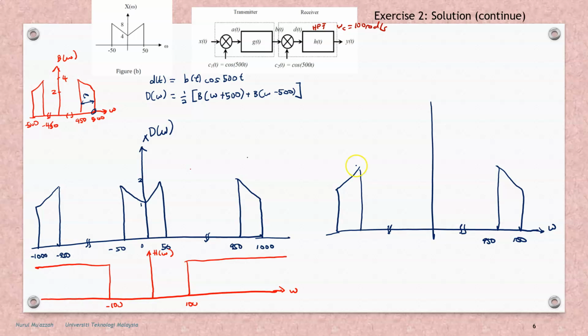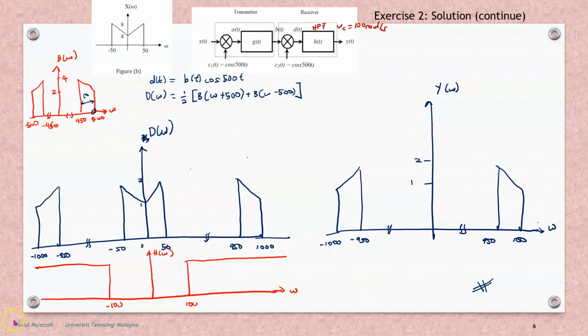And when the signals go through the low pass filter or high pass filter, you have to identify the cutoff frequency, and also identify which part of the signal will be removed and which part will be retained. So you label. So this is Y omega. All right. So now you have answered question number 1.